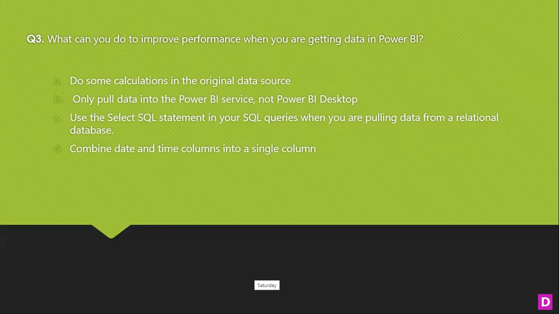We have learned how to connect to SSAS or Azure Analysis Services, what the different connectivity modes are, what the differences between them are, and when we should prefer which mode. And then what steps we should perform when connecting to the data so that the performance of the report will be faster, the data can be refreshed faster, and the data can be loaded faster into the visualizations.